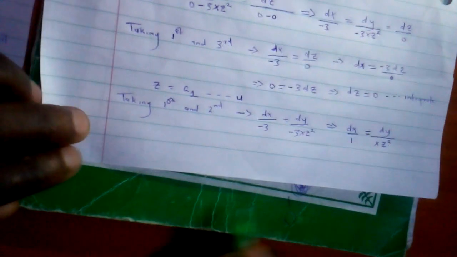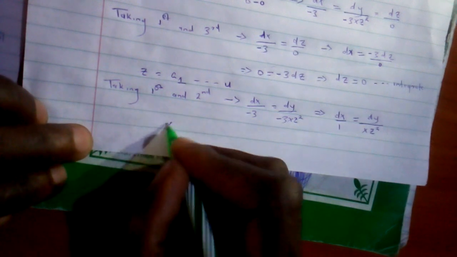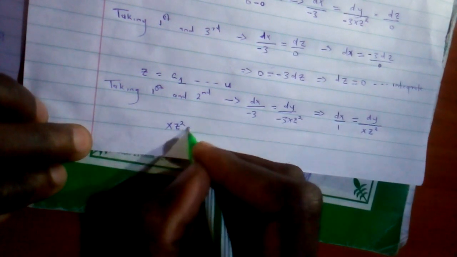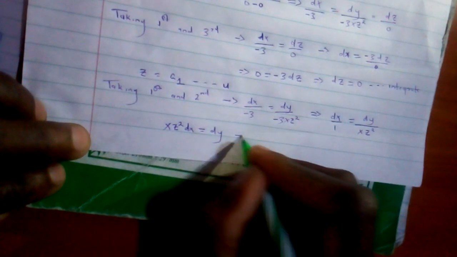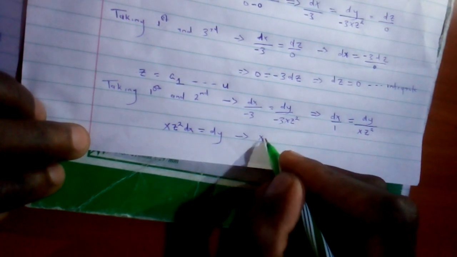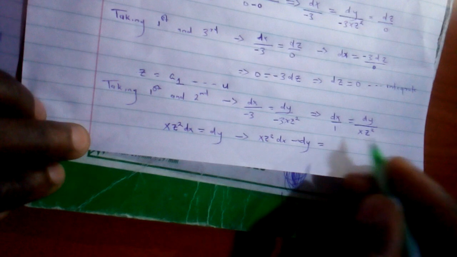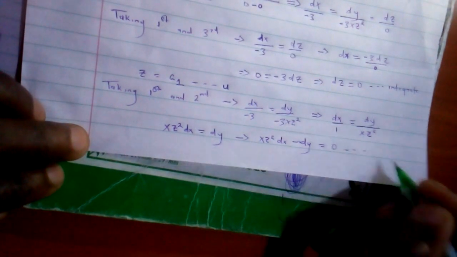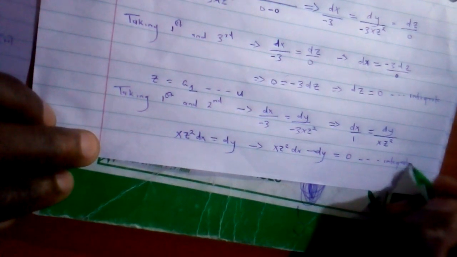At this point, rearranging this, we will have our xz squared dx is equal to dy. That will be xz squared dx minus dy is equal to 0. At this point, we integrate.